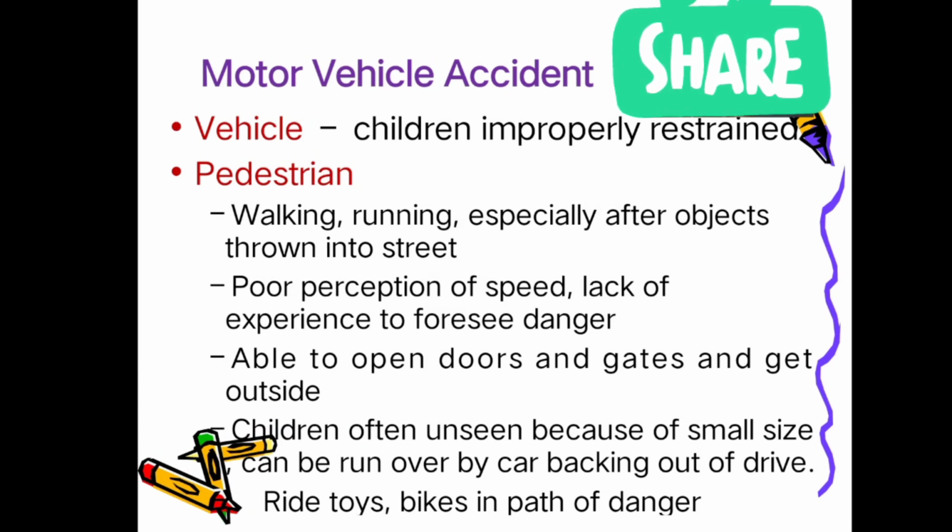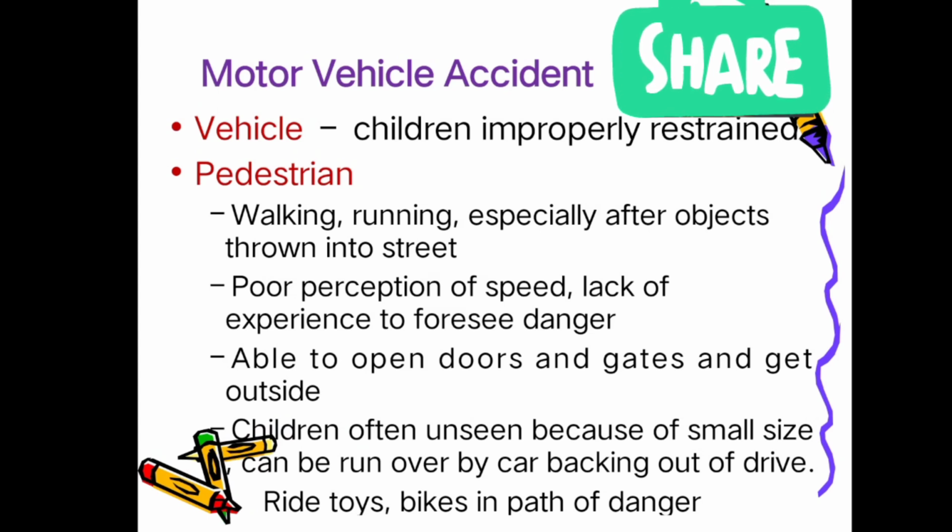It means that due to their small size, if they are playing behind any vehicle and the driver puts the vehicle in reverse gear, the children are not visible to the driver, so they may be hit.